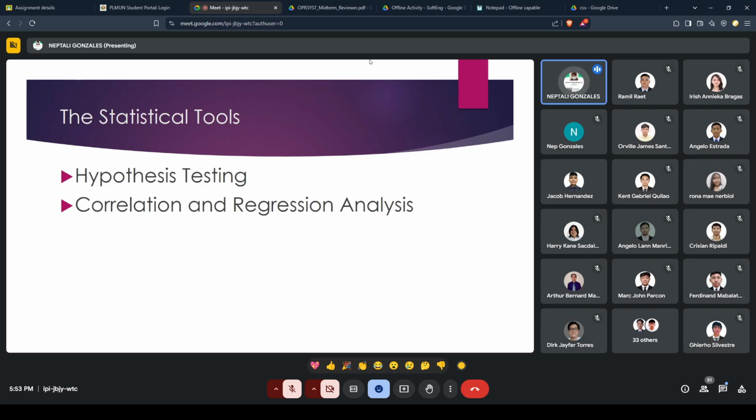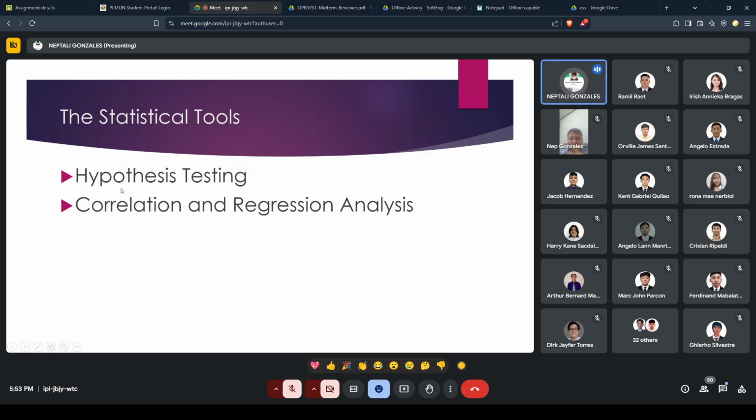So in the statistical tools, these are the following. You will use hypothesis testing, and the second one is correlation and regression analysis. The only difference between correlation and regression is the time. If you want to predict the future, that is using regression. If you want to know what is happening now, that is correlation.